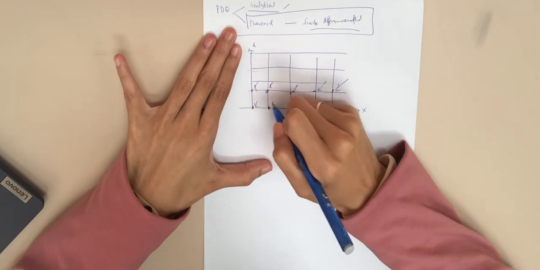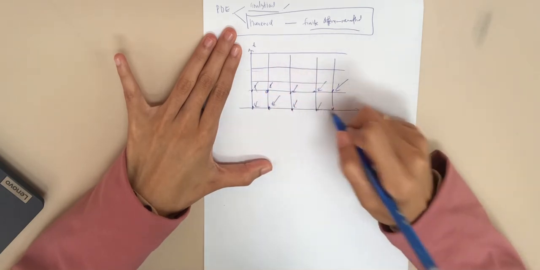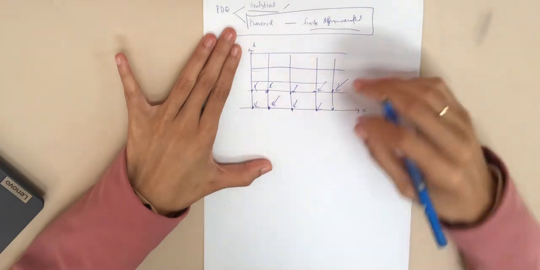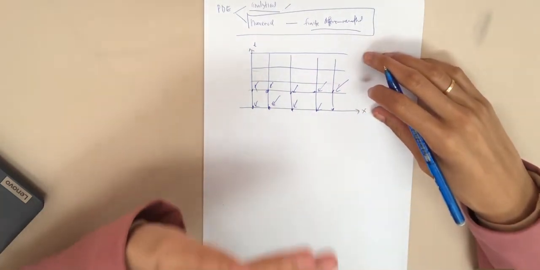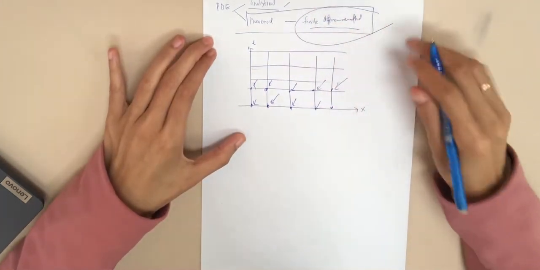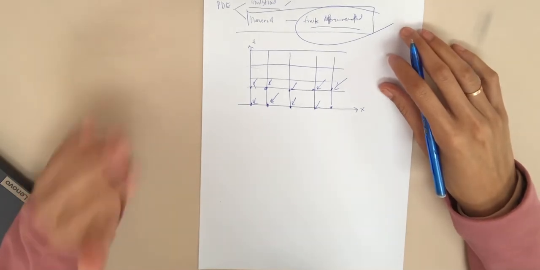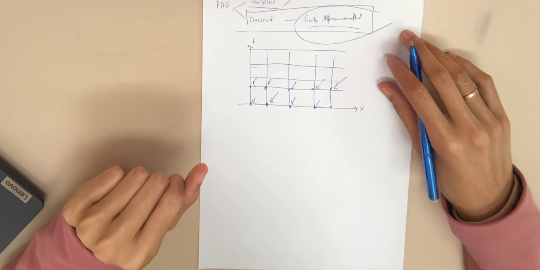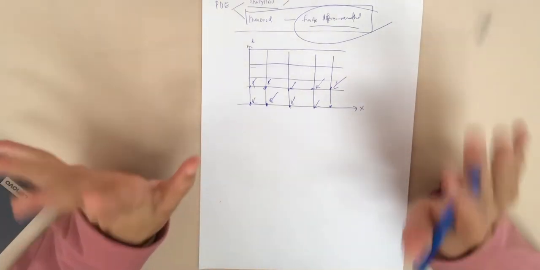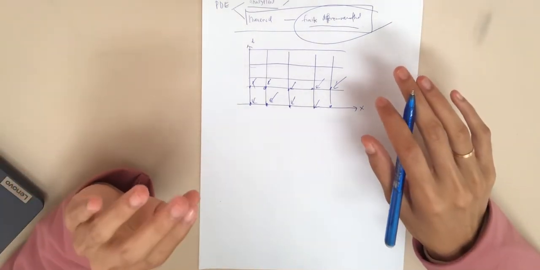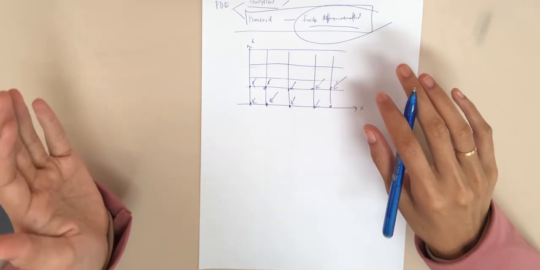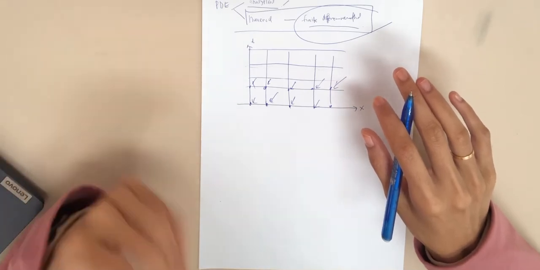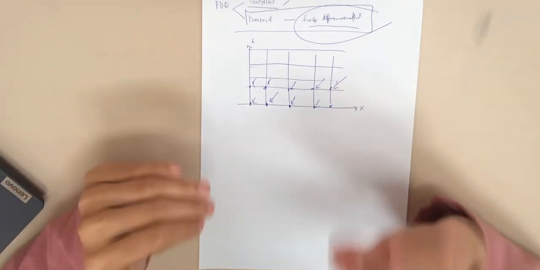So how do we find each point? Yes, we will apply the finite difference method. But the idea I want to say here is to find the points. It's totally different from the analytical approach, where you need to make it a separable equation, use Fourier series and so on. With this method, it's totally different.